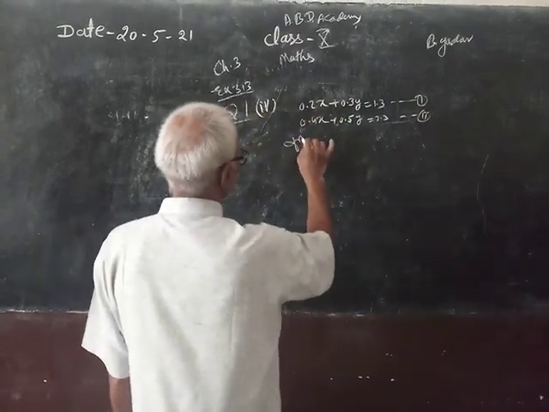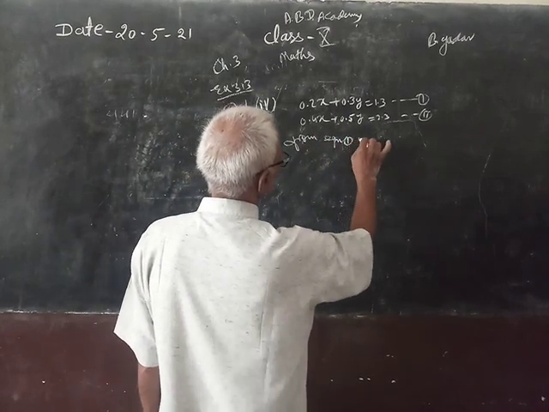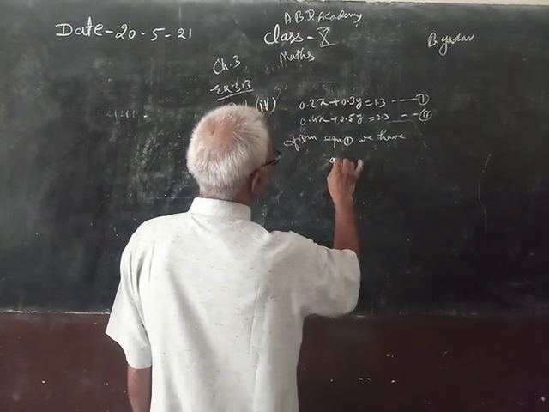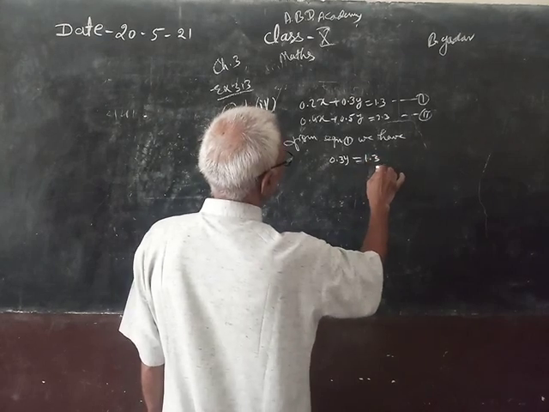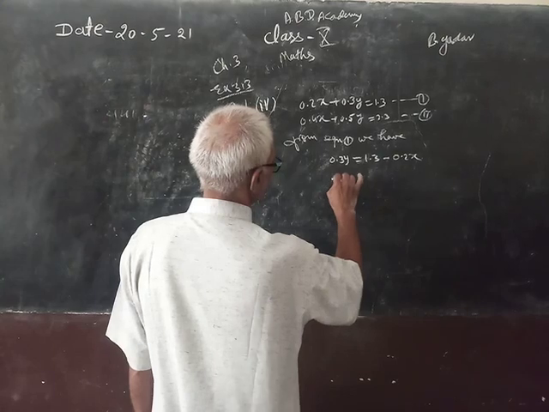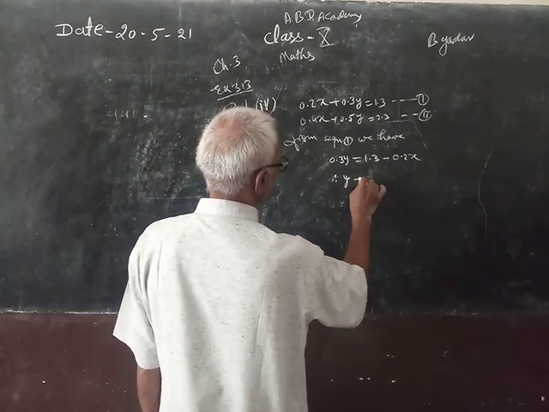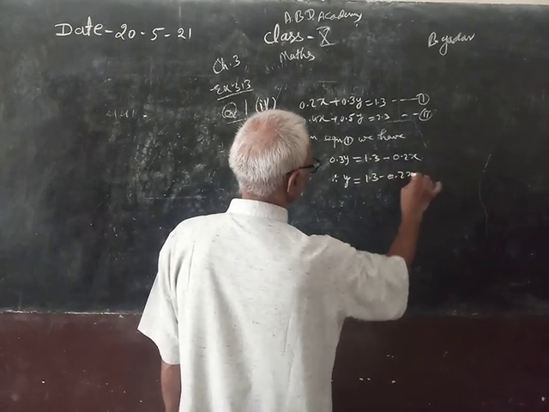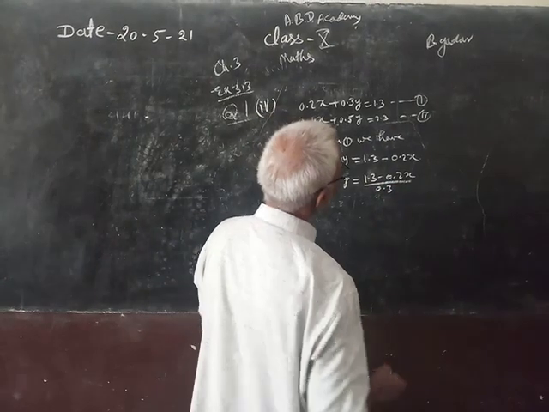So from equation 1 we have 0.3y is equal to 1.3 minus 0.2x. Therefore y is equal to (1.3 minus 0.2x) upon 0.3.